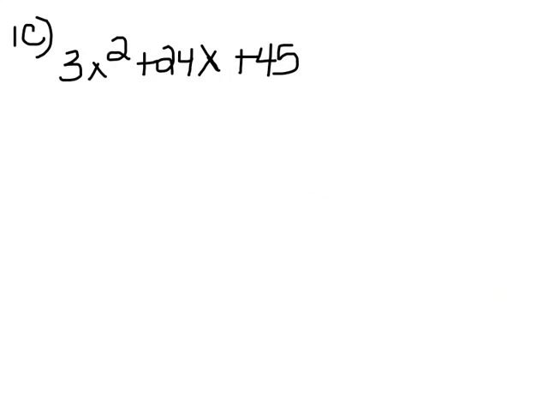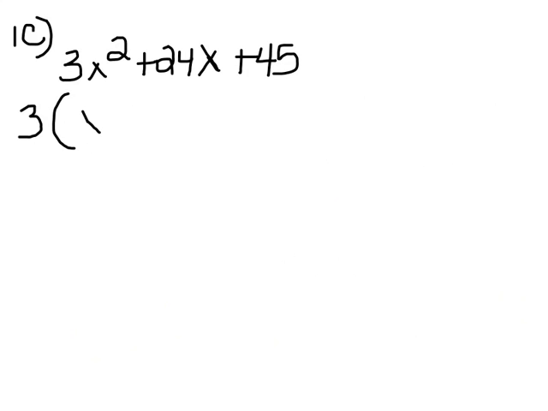In our next example, we'll be factoring 3x squared plus 24x plus 45. As always, when factoring any expression, we should look for a GCF first. So 3, 24, and 45 are all divisible by 3. So what we should do first is factor out our GCF of 3.